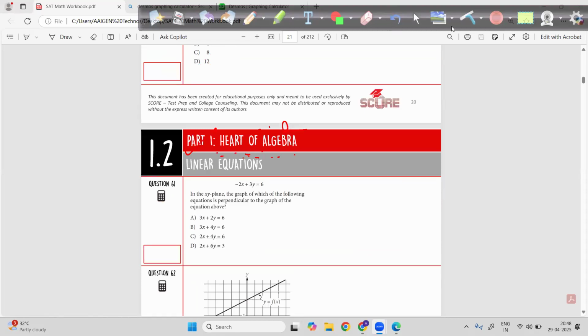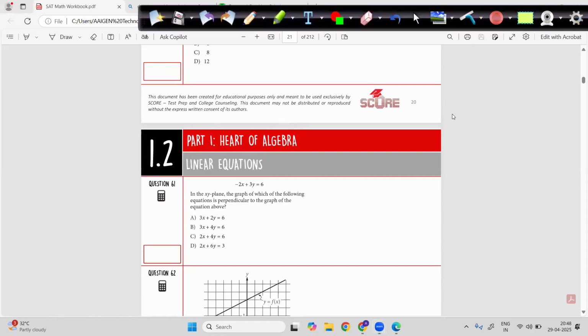I can clearly say two lines are perpendicular if their slopes are negative reciprocals. I also told you the slope of ax plus by is equal to c is minus a by b. So negative reciprocal means the slope of the other line should be b by a. If the slope of one line is minus a by b, the slope of the other should be b by a.